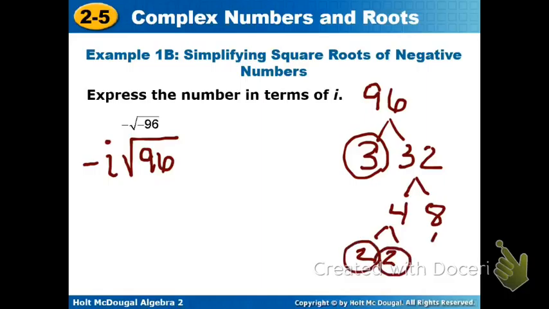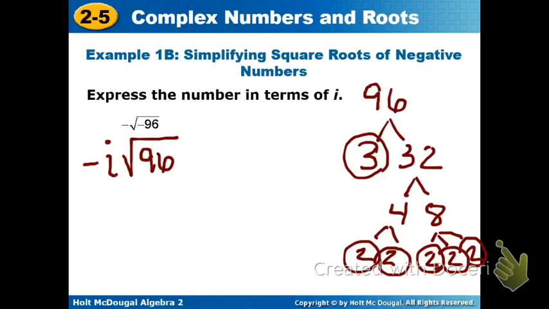Okay, I'm going to shorthand this one. 8 is 2 times 2 times 2. So let me circle all these. And there we go. So now we've got to pull out front what has pairs.